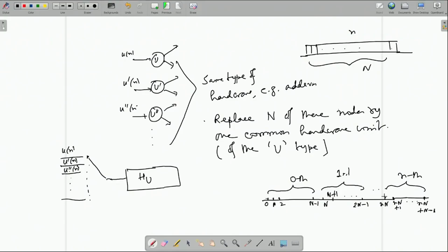So, in one of these clocks, this switch will touch one of the input lines, in the next clock it will touch another of the input lines, and like that. So, data here will enter at a faster rate. If the original clock period was capital T, it will now be T by N, at a faster rate. It will give the output.